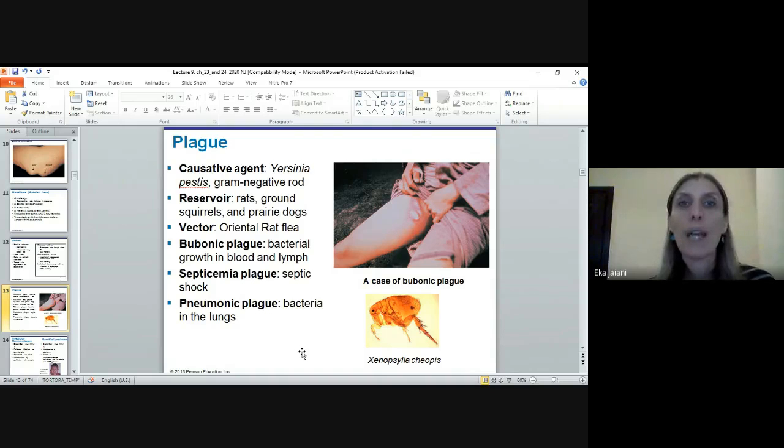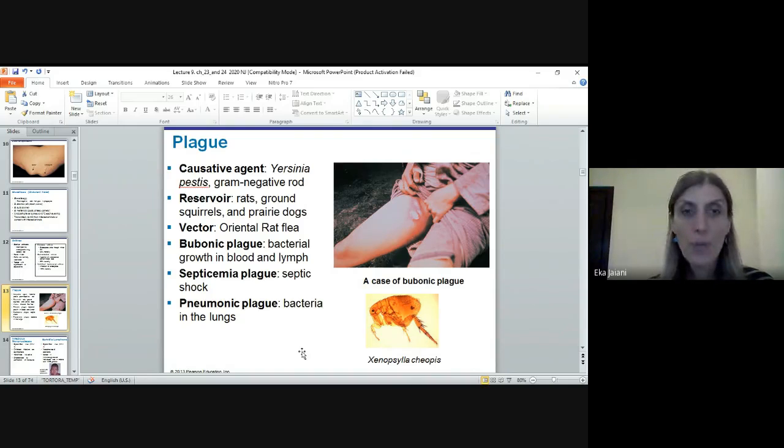These rodents have fleas. How was the plague spread in Europe? There were rats in cities or towns, and there were poor sanitary conditions. So people were bitten by the flea and they got infected with this plague.